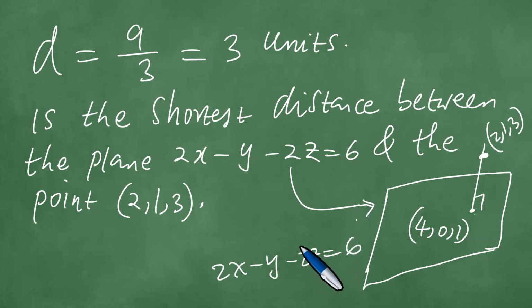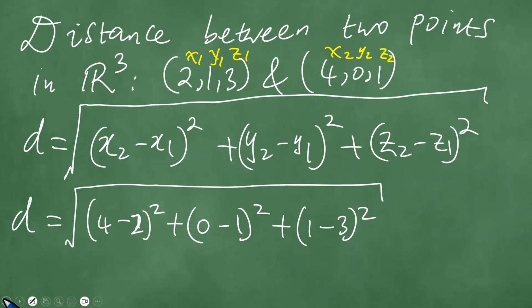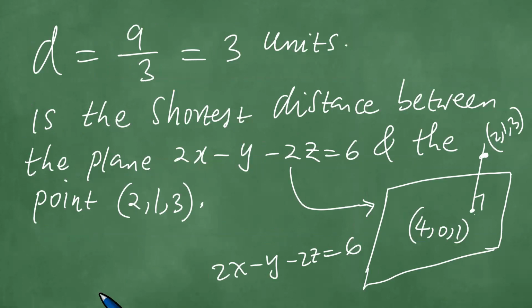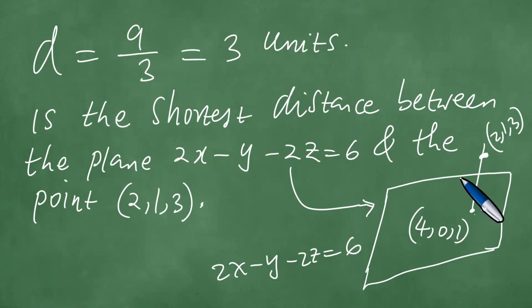We were able to find the distance between the point 2, 1, 3 and 4, 0, 1, and we calculated it and found the distance to be 3 units. Okay, so we found this distance to be exactly 3 units.